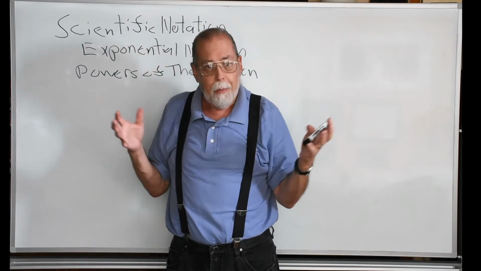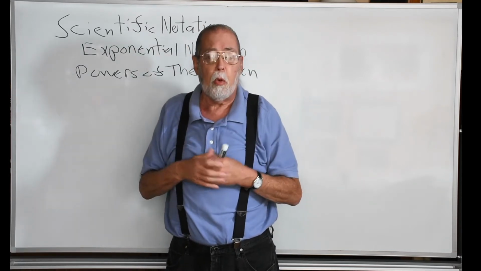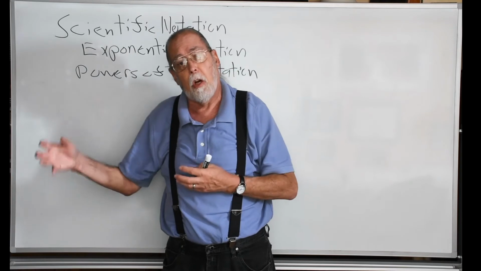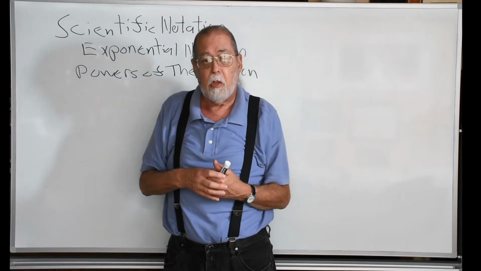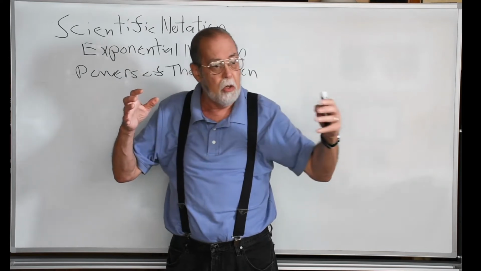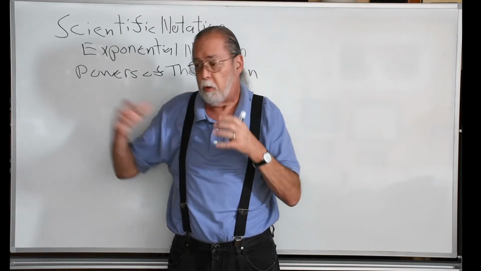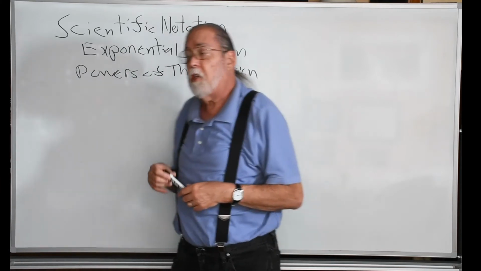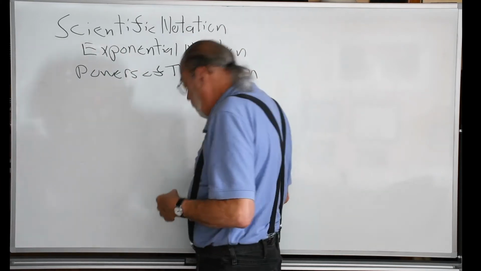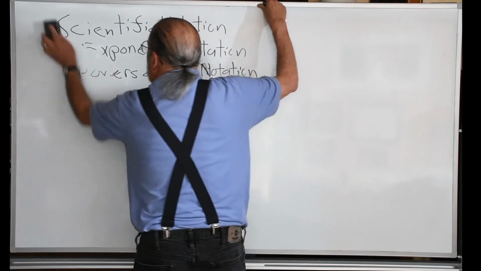No matter what system of units we use, we wind up having to express very large numbers and very small numbers. And that means writing lots of zeros before we get to the decimal point, whether it's a large number or a small number. Scientific notation eliminates that and makes it much easier.